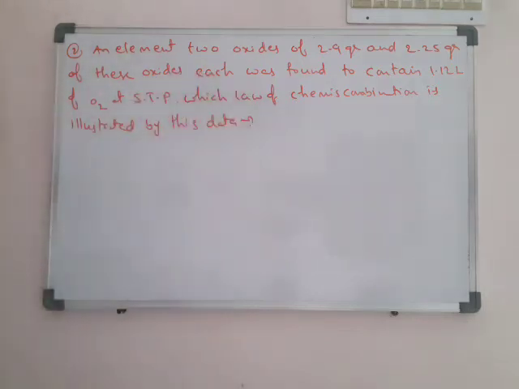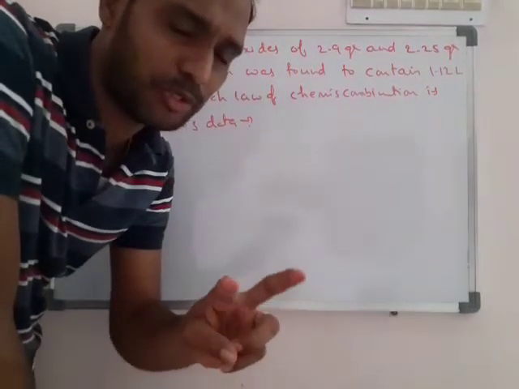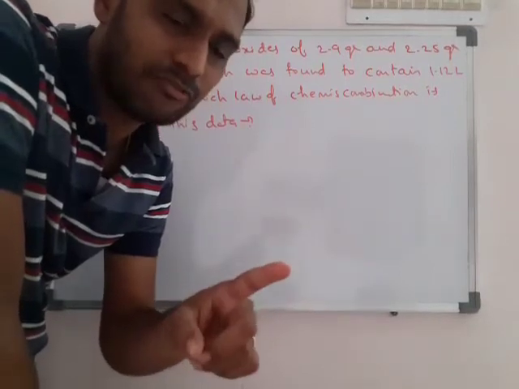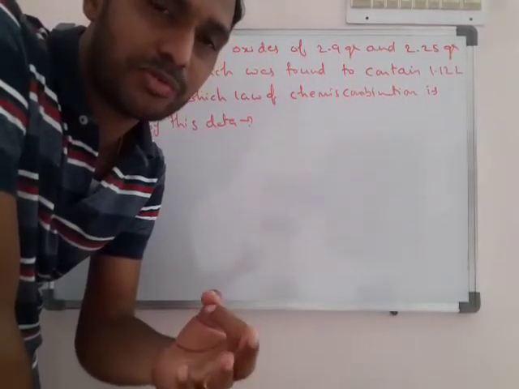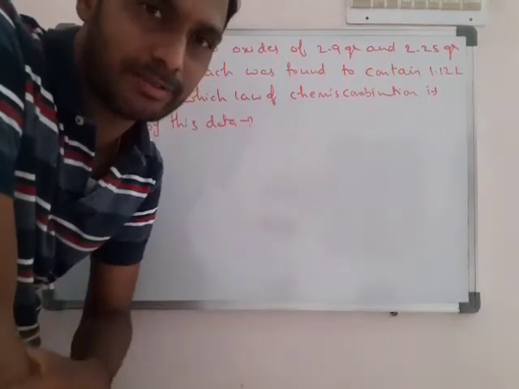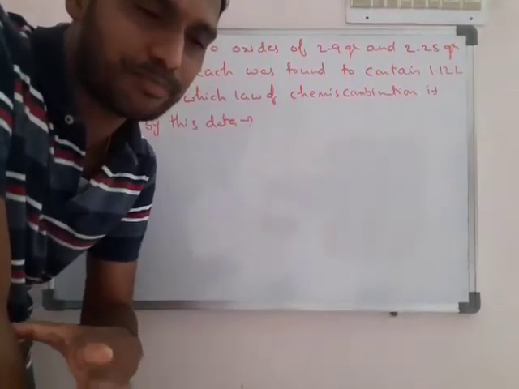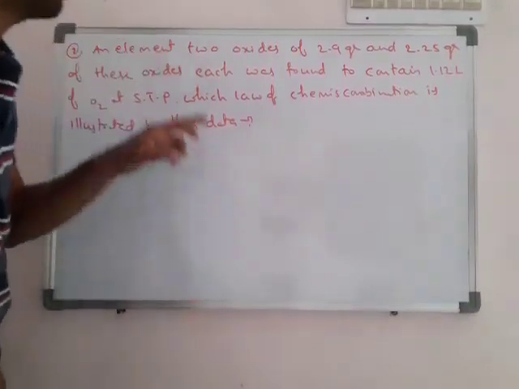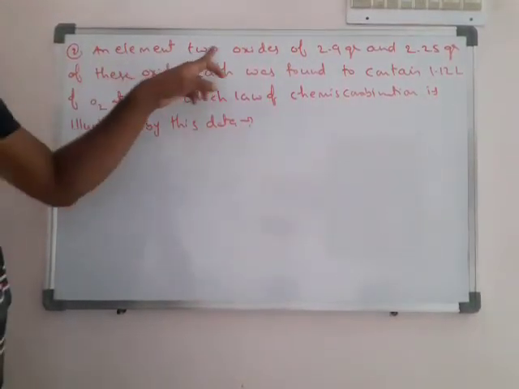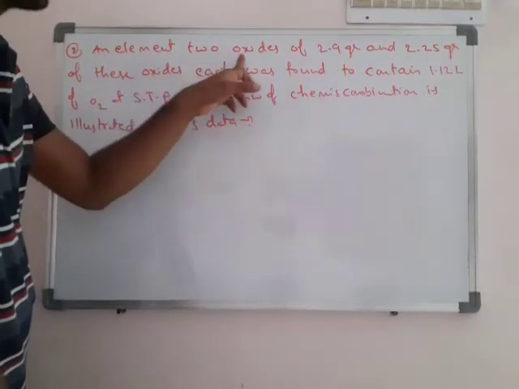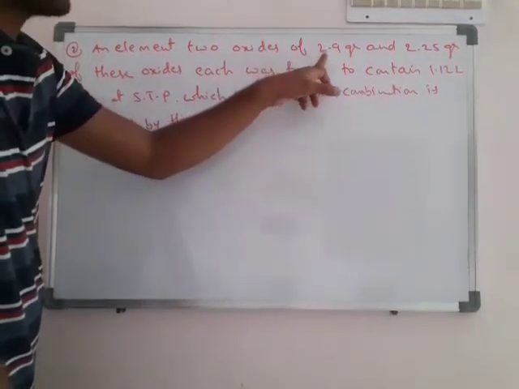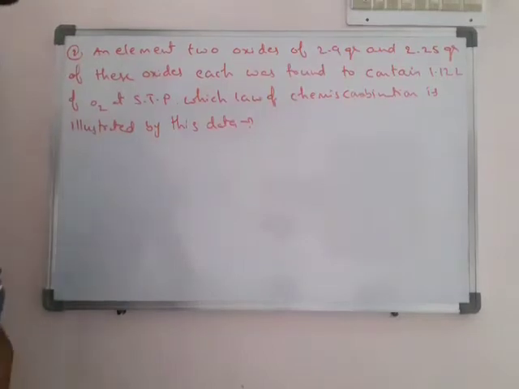Okay, so here there is an element forming two oxides. It is also just like a carbon forming two oxides, sulfur forming two oxides. For example, if you take nitrogen forming nearly 5 oxides, 5 stable oxides ఉంటాయి. సో ఇక్కడ మనకి తీసుకున్న ఎగ్జాంపుల్లో an element is forming two oxides. ఏదో ఒక X element అని తీసుకున్నాం. X element is forming two oxides of 2.9 grams and 2.25 grams.